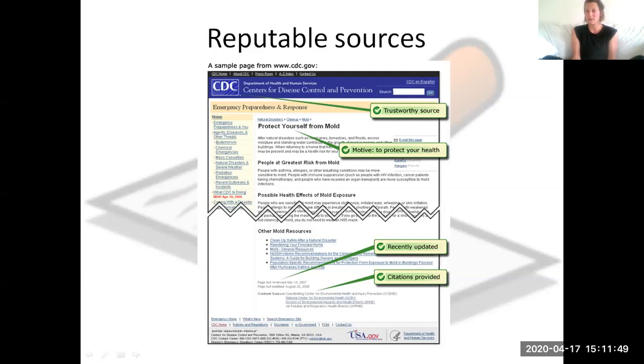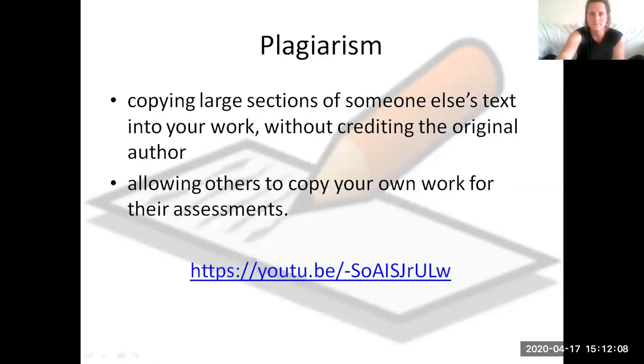So a government page like Parks Victoria, council pages, they're examples of what would be reputable sources. So hopefully that helps to explain what is reputable, or an example of that.